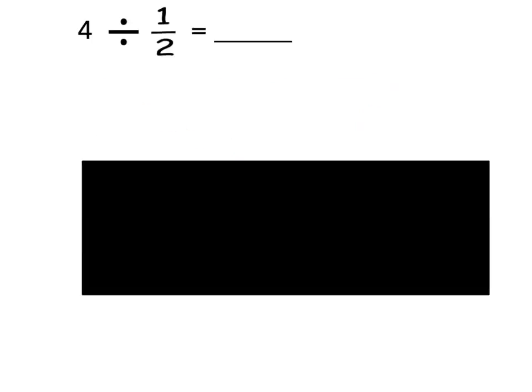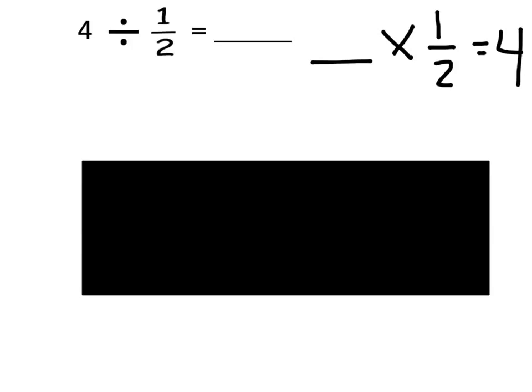So, we have 4 divided by 1/2 equals blank. What does that mean? Well, one way to think about that is to turn it into a missing factor problem. And to do that, we would come up with blank times 1/2 equals 4.